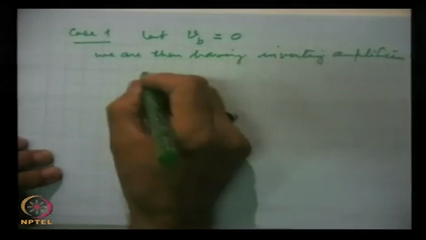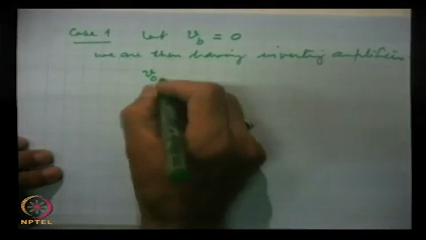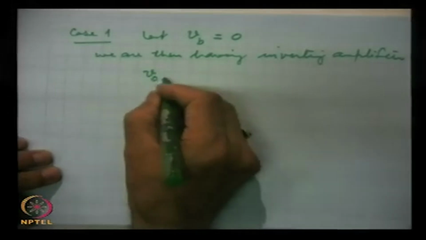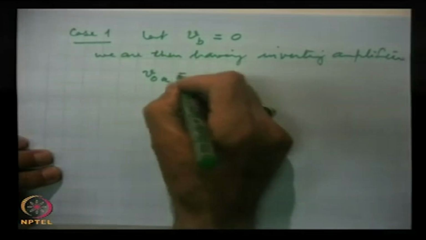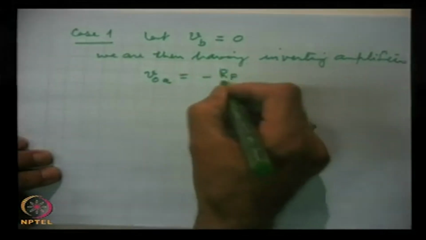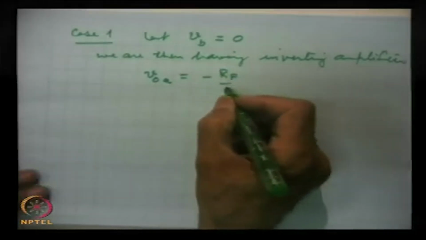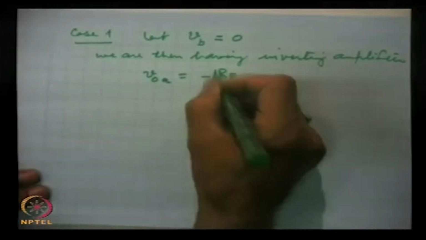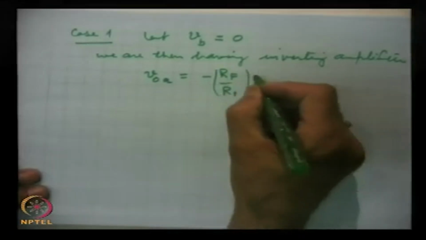So, the output VOA because of VA will be minus RF by R1 into VA.